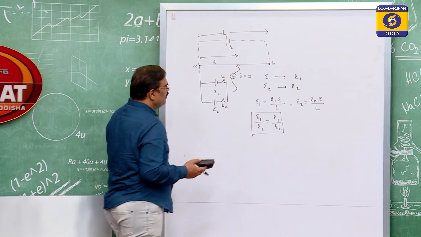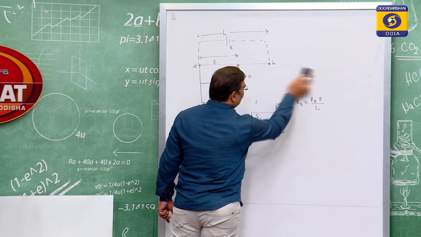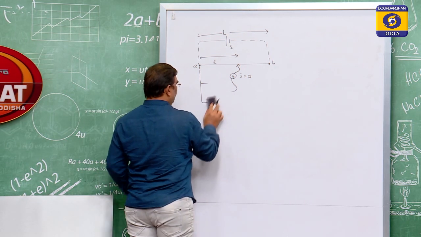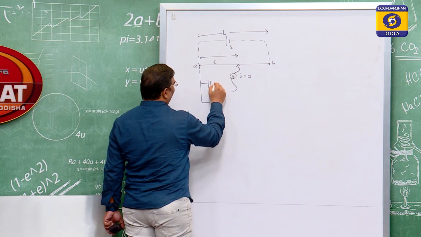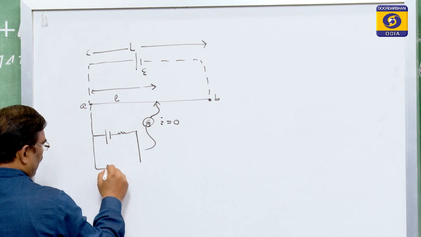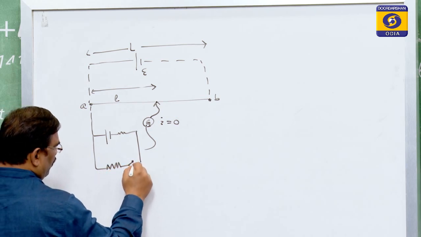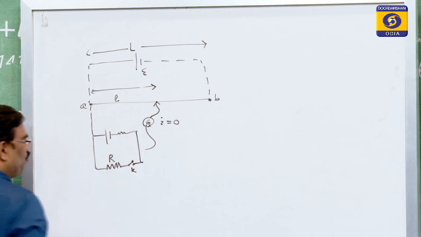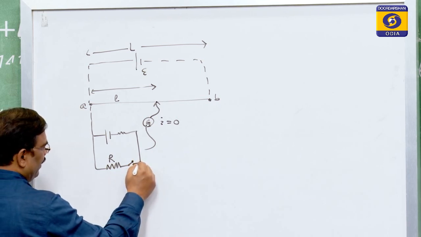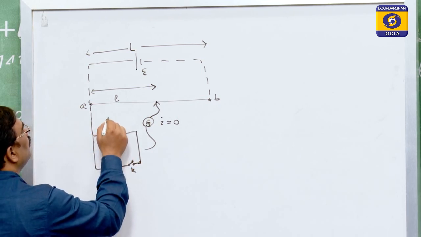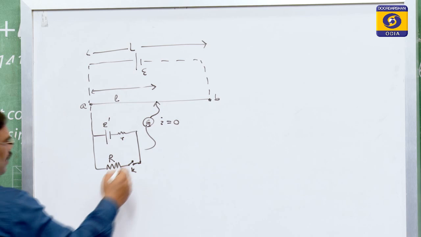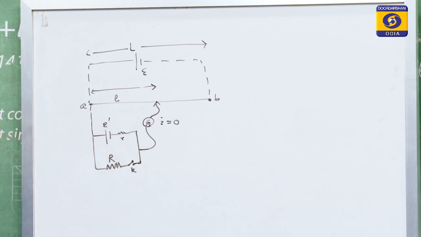To find the internal resistance, suppose we have a battery of EMF E dash having internal resistance r, and there is a load R across this battery. Now, this is the necessary circuit.